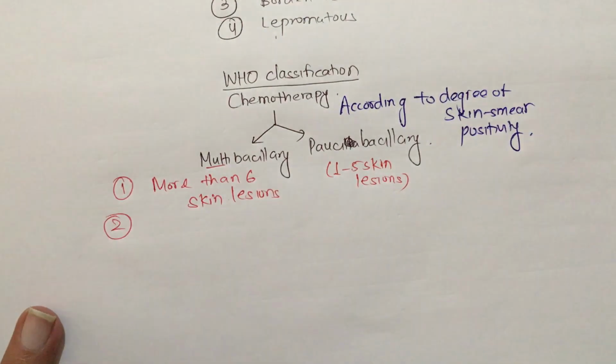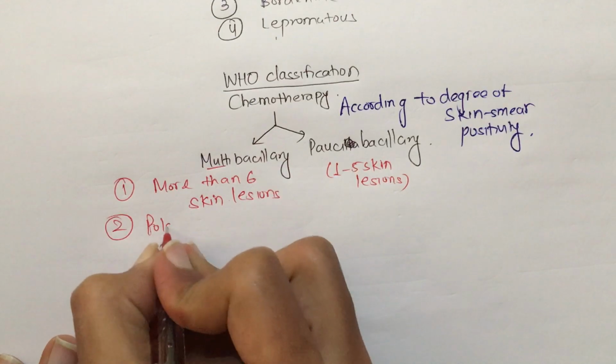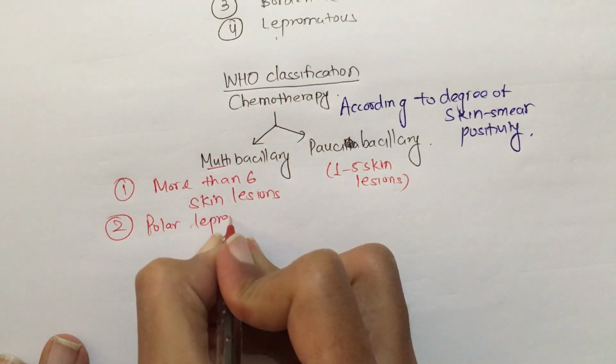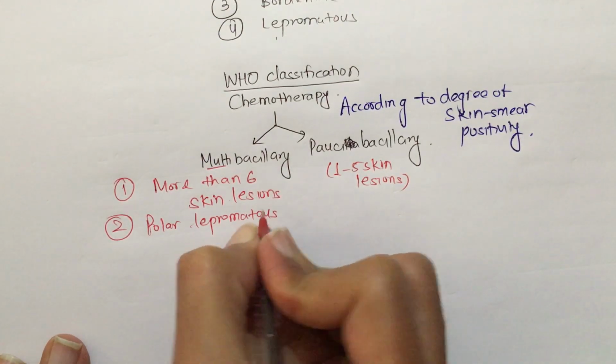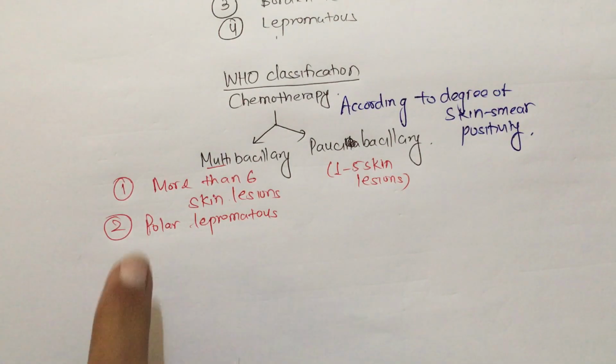Second difference: which of the Ridley-Jopling classes fall under the multibacillary? That is polar lepromatous. As the name implies, it is multibacillary, meaning these are the classes in which there are more bacilli.